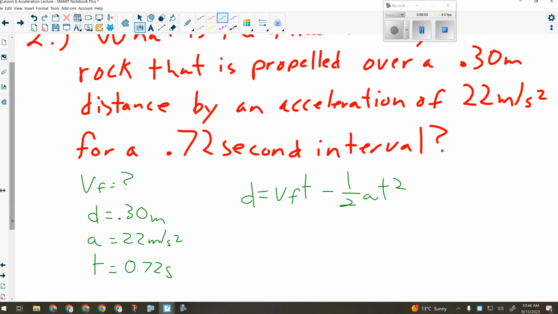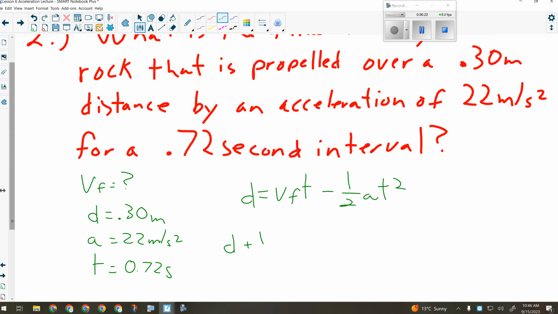I have time, I have acceleration, I have distance. This formula has VF in it as well, so this is the one I would use. So I want to manipulate for VF. First thing I want to do is move the 1/2 AT squared over to the other side because it's not attached to VF. So I'm going to add 1/2 AT squared over.